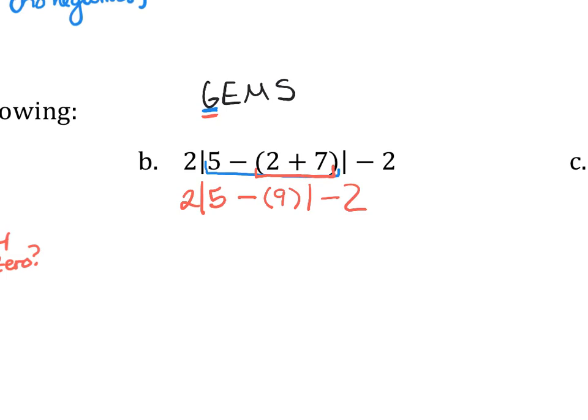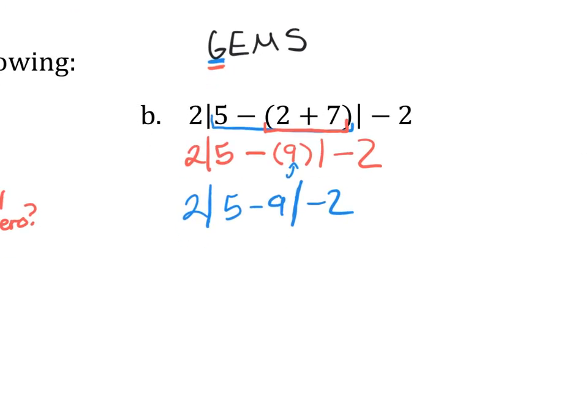Now once there's one number inside parentheses, you can drop the parentheses if you want. So if you want to just write it as absolute value of 5 minus 9, that's fine. You can keep them too, but the parentheses no longer serve a purpose when you just have one number inside them. We're still in our grouping, so we're still inside the absolute value here. We have to do 5 minus 9, which gives us -4.